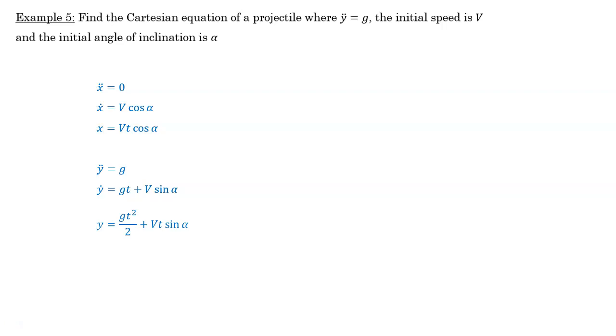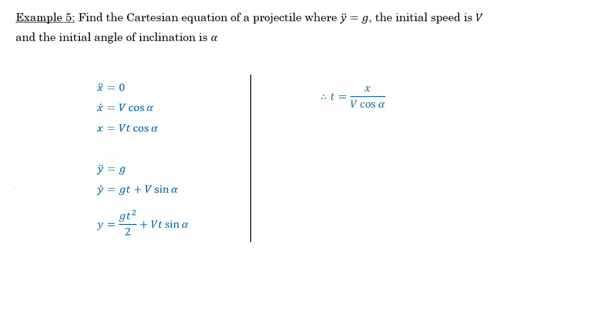Integrating that again, my vertical displacement is gt squared over 2 plus vt sine alpha, plus a constant, but we're going to take our initial condition to be the origin here. So now I have my 6 equations of motion.